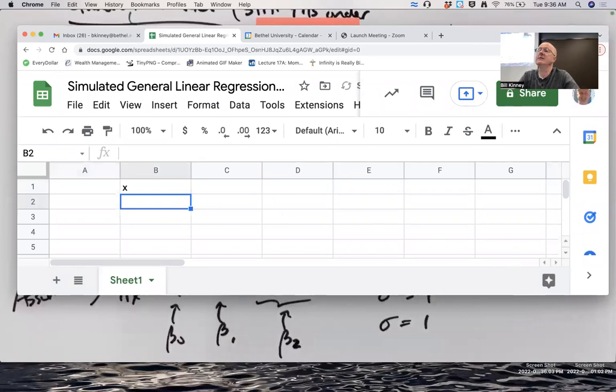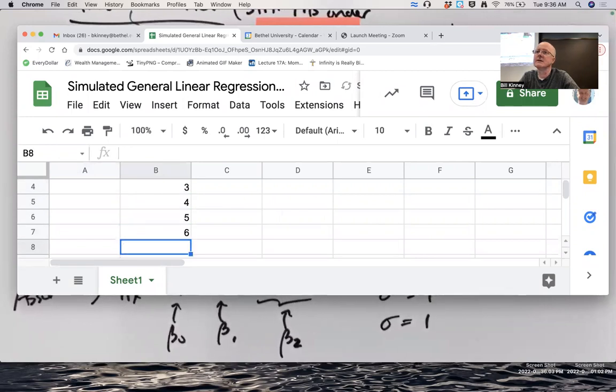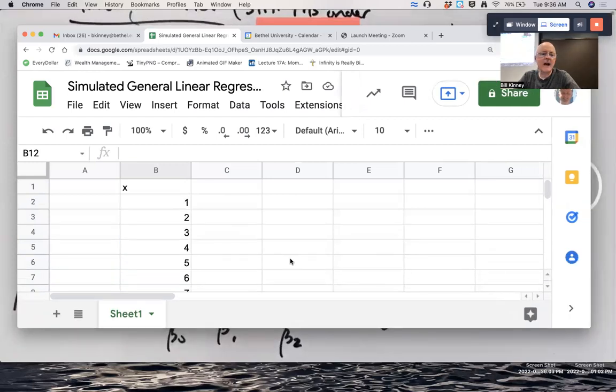So pick some X values. I'll pick the X values to be pretty simple. How about 1, 2, 3, 4, 5, 6, 7, 8, 9, 10. Picking 10 data points will make things simpler to think about as well. So those are the X values.